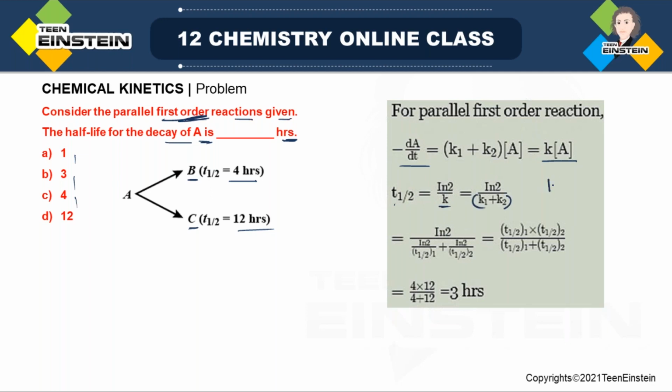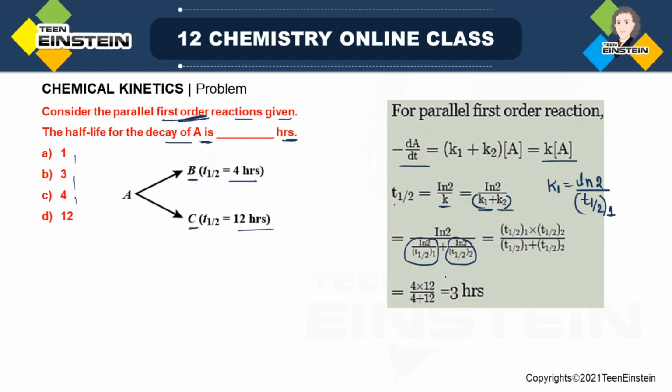Just focus on the individual paths. For k1, it should be equal to ln2 divided by T half for path 1. Similarly, k2 will be equal to ln2 divided by T half for path 2.